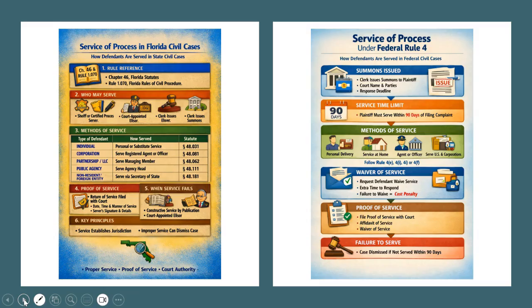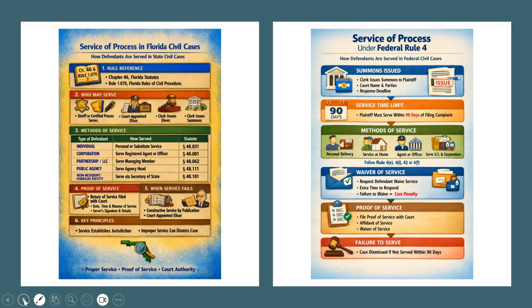As I pointed out earlier, only certain people are able to serve, and we might use the sheriff or a certified process server, and that's after the clerk issues the summons. There are different methods of service. For an individual, you would look at statute 48.031. Corporation, we're going to look into these in more detail, but these are the specific statutes for the different types of service.